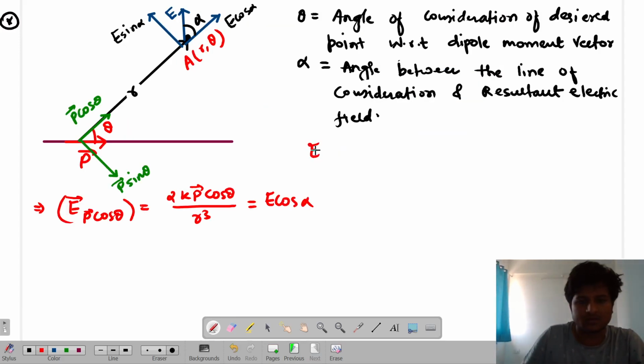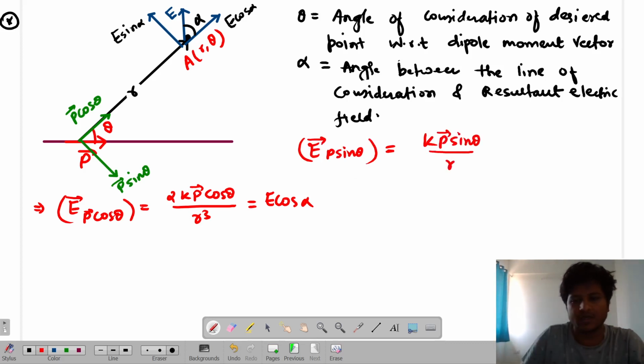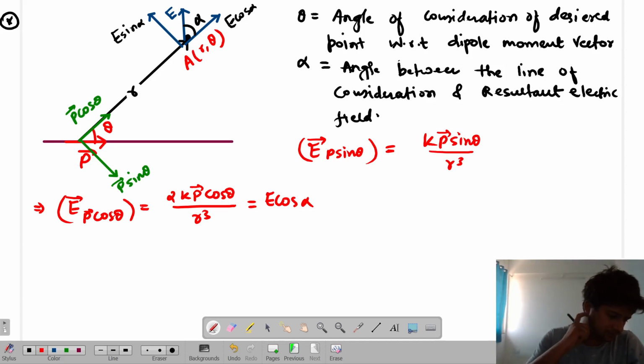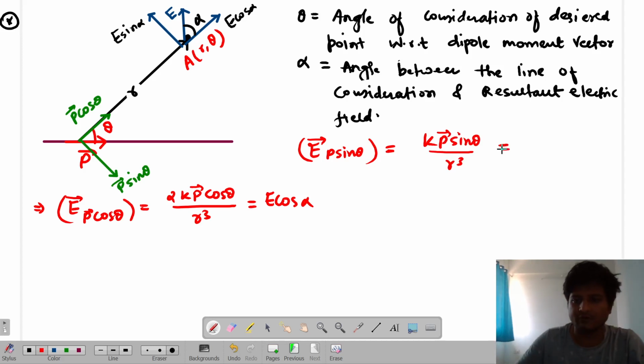So E due to p sin theta will be just simple kp sin theta by r cube, isn't it? And that is simply what? E sin alpha. Are you able to get me?